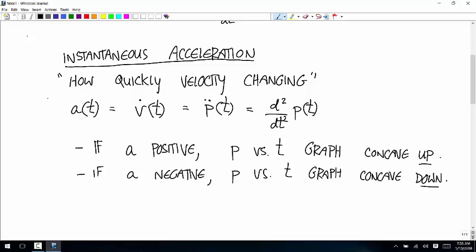Okay, so now let's think about how to know based on the acceleration at an instant whether an object is speeding up or slowing down. Remember, an object can be moving in either direction, positive or negative, right? Its velocity can be positive or negative.